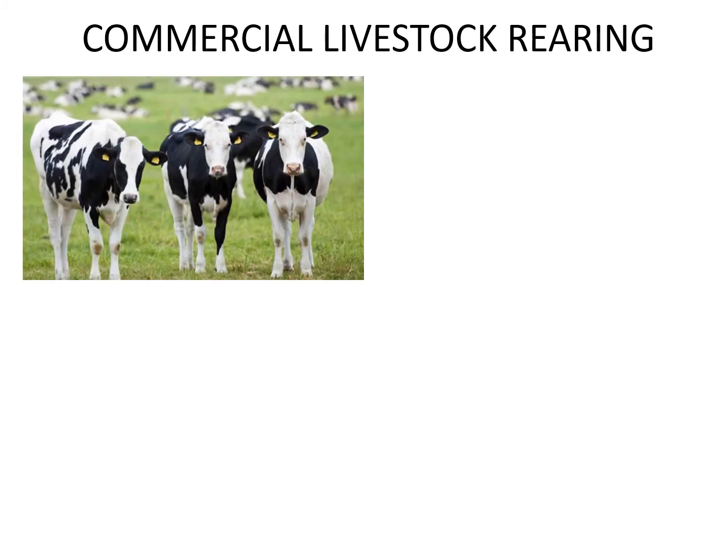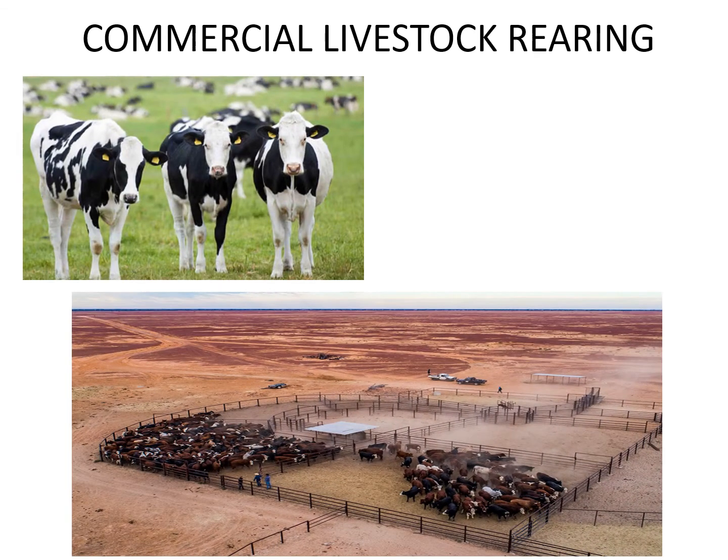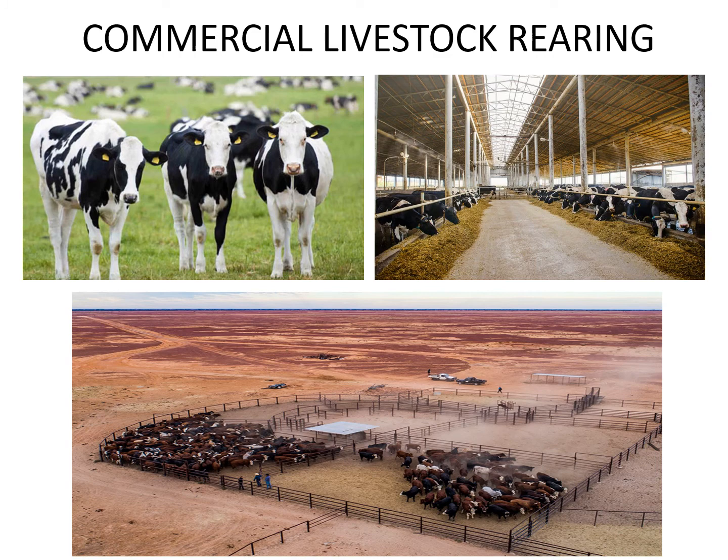Now, another type of animal rearing is commercial livestock rearing. Commercial livestock rearing is more organized than nomadic herding.